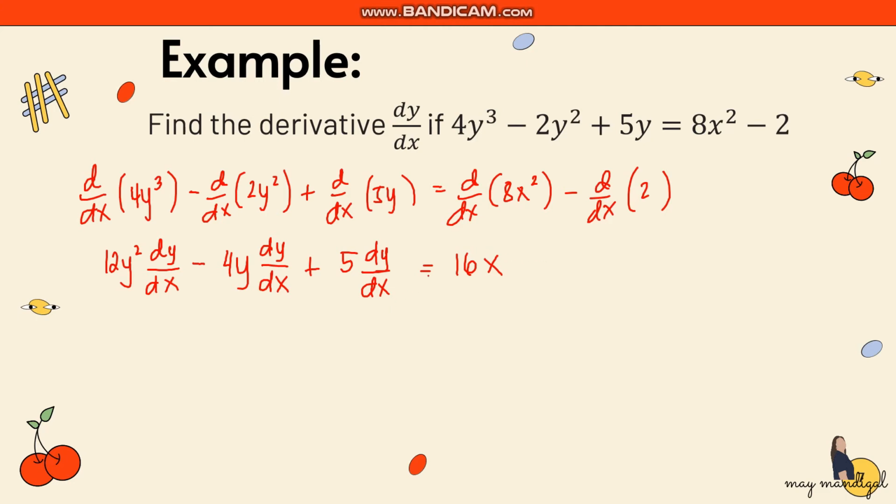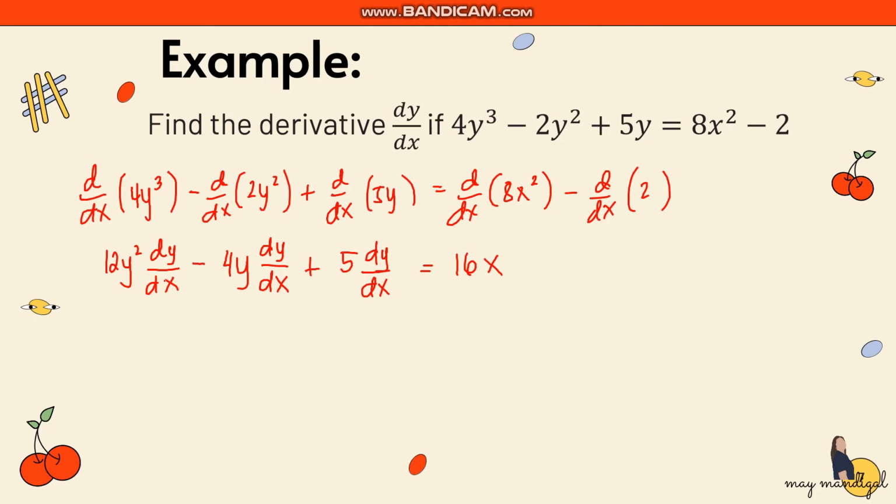Okay? Now, after doing the derivatives, as you can see, all of the terms with dy over dx are already on one side. So we can now do the next step here. We have to make sure that what will be left on the left side is just the dy over dx.